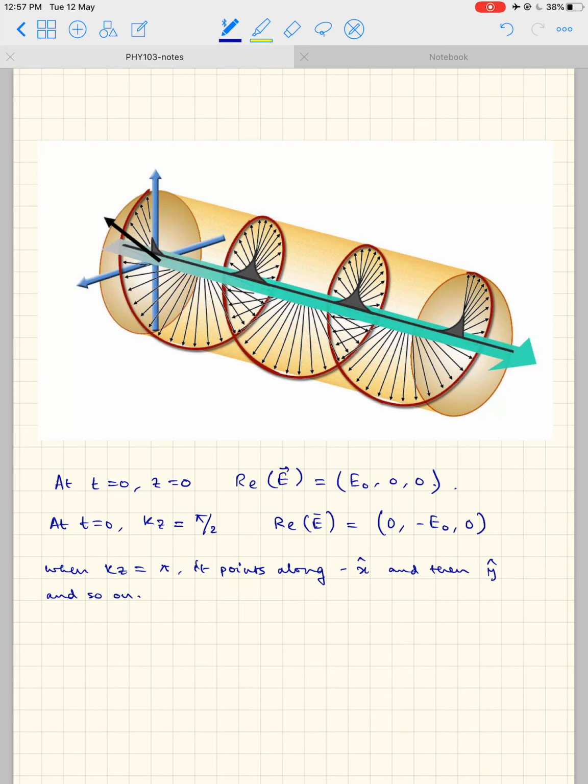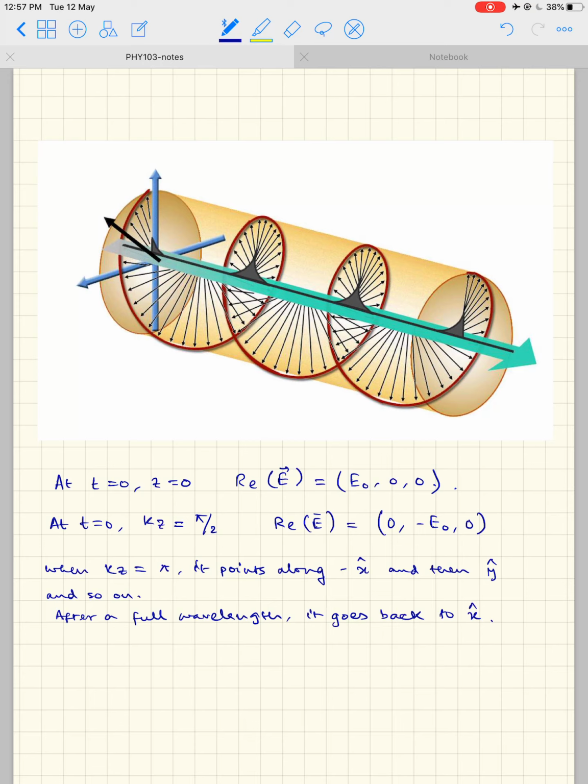So after a full wavelength, it goes back to x cap. Okay.